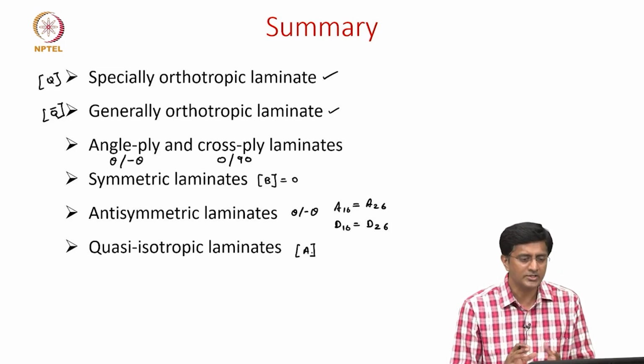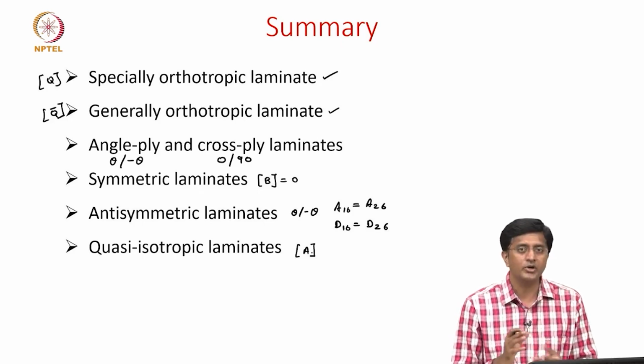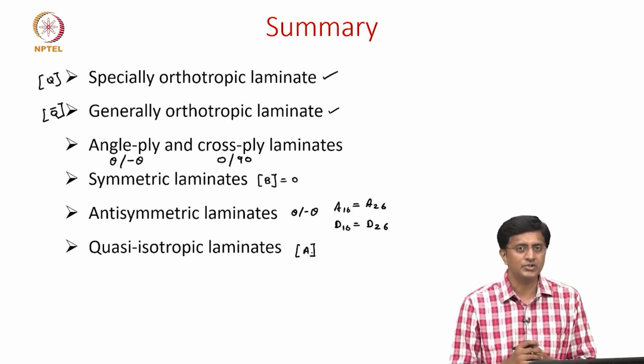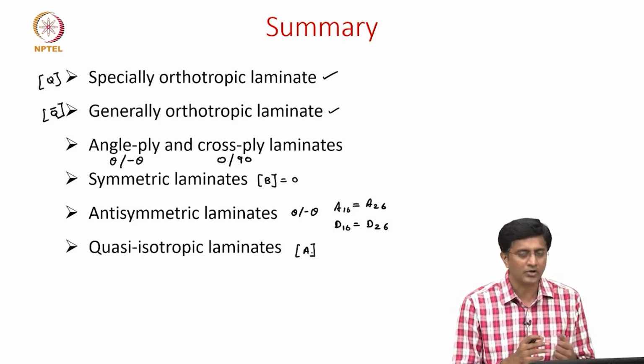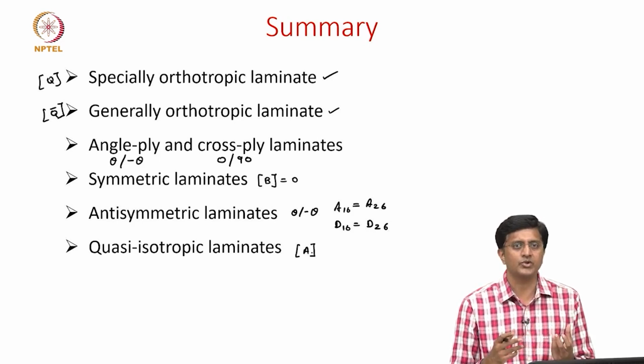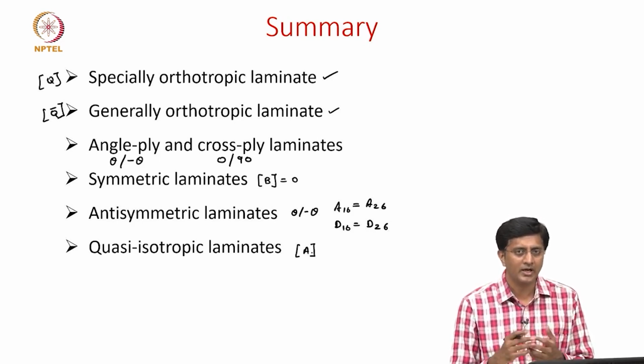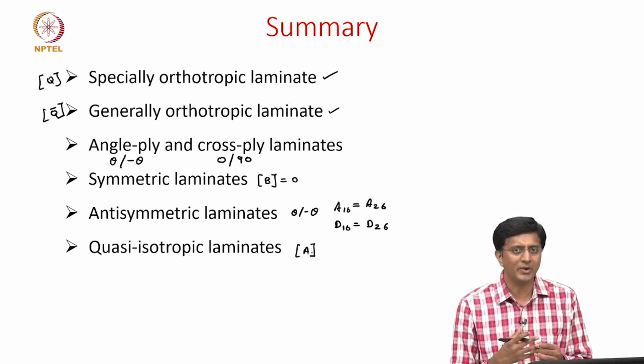So this should summarize the commonly used laminates in the industry. As we have shown, the reason why we sometimes choose one of these is that some of the couplings are non-existent, and this is of use not just in the analysis but also in manufacturing.